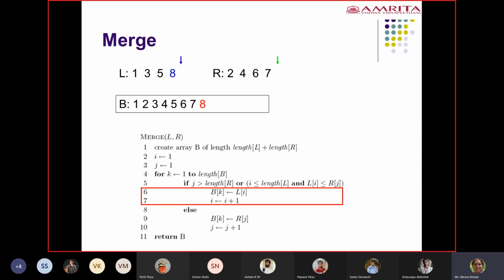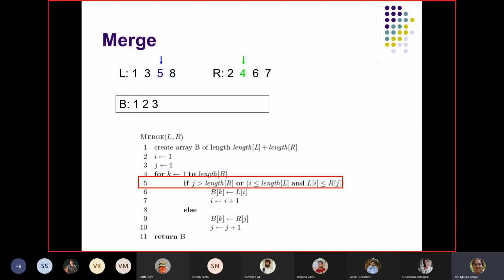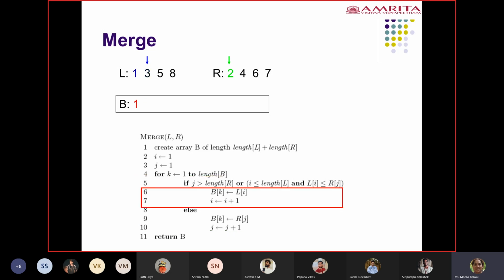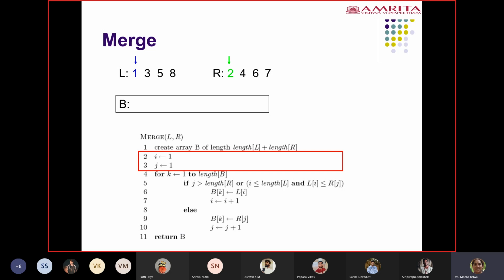Okay, so I will show you this. Then we can easily identify the loop invariant. Let us see. There is one loop, a for loop. So what could be the loop invariant? This is how we are starting the loop. Now we are just before the loop when i is 1 and j is 1.